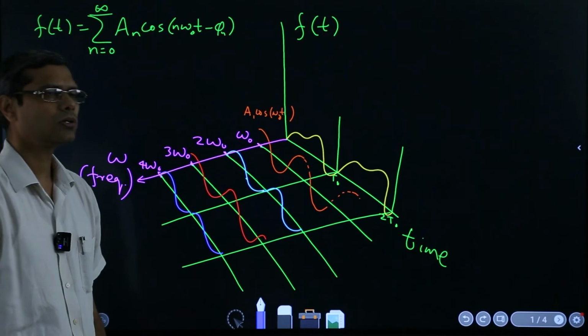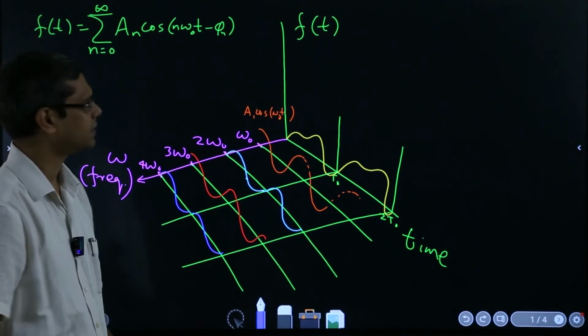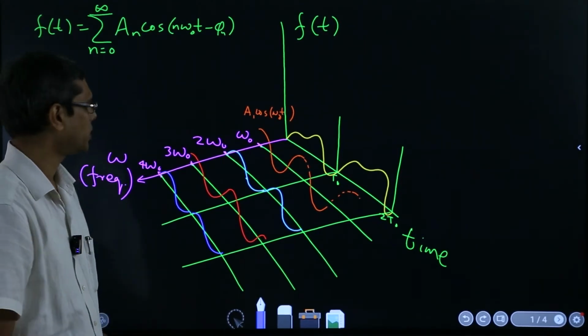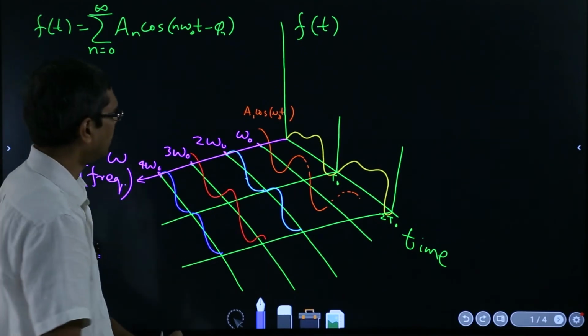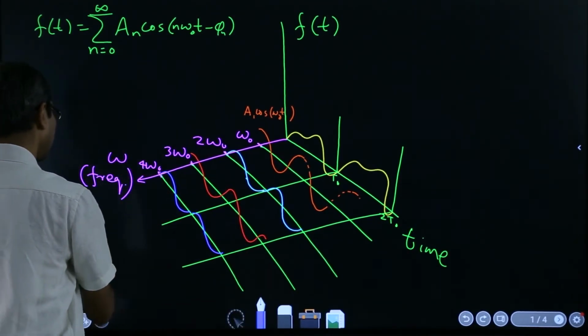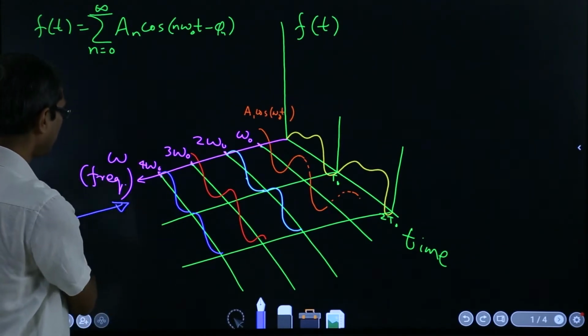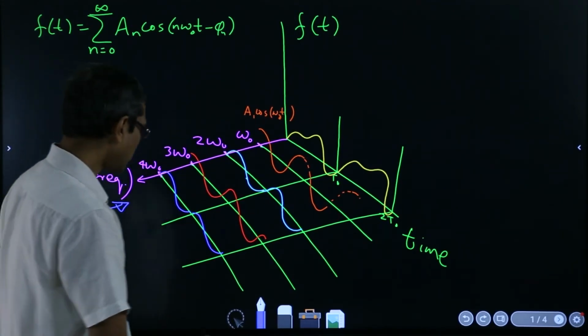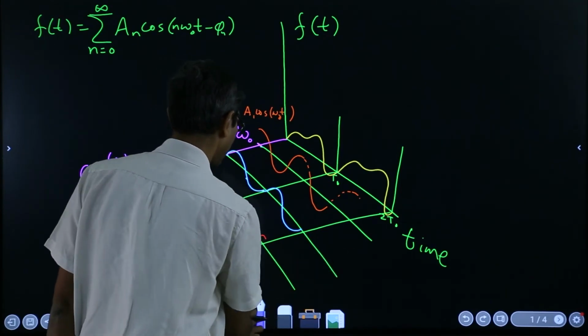And when we talk about time frequency analysis, there are two viewpoints of drawing also. Let's say if I look from this side, far away in the omega axis, what I will see is just the time function, isn't it?